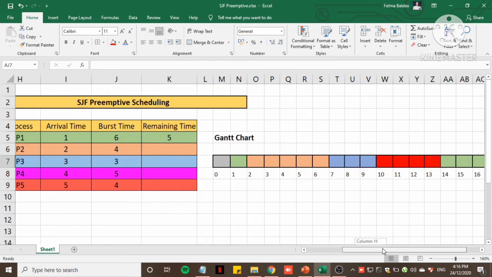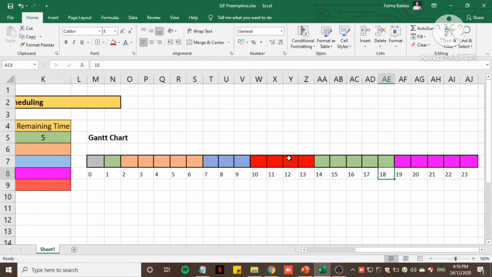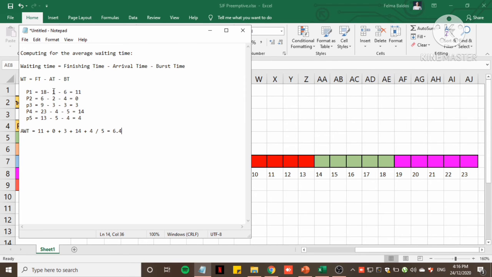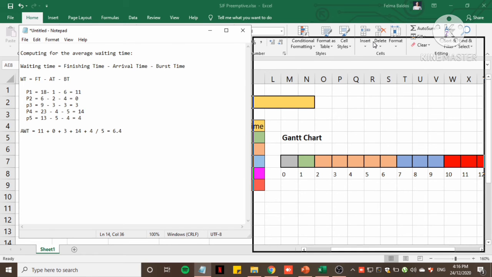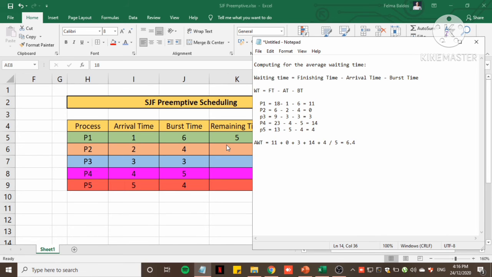At time 18, P1 finished executing, and it arrived at time 1 and has a burst time of 6. So P1 has a waiting time of 11. Let's do that for all of the processes.